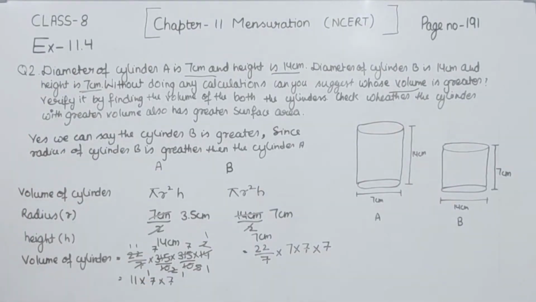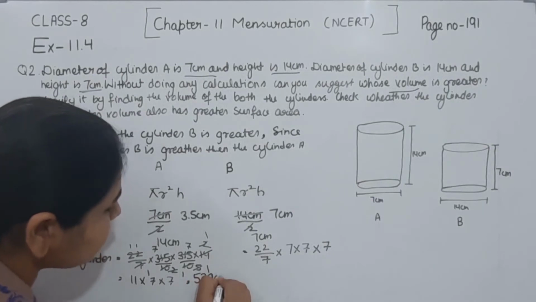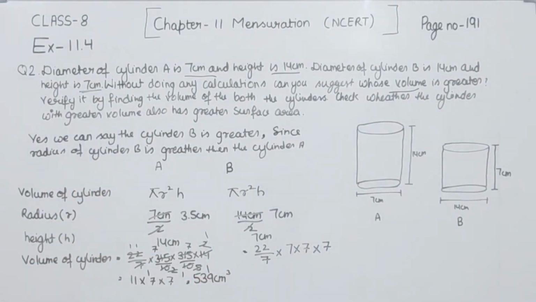We have the 2 sevens here. Now 7 sevens are 49 and 49 multiplied by 11 is 539 centimeter cube. This is the volume of cylinder A.